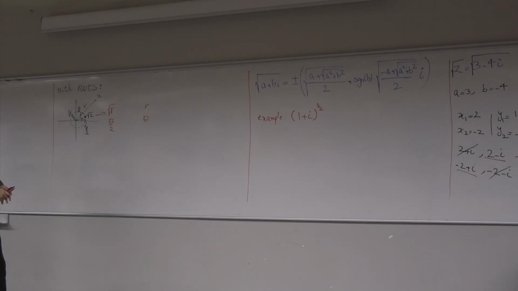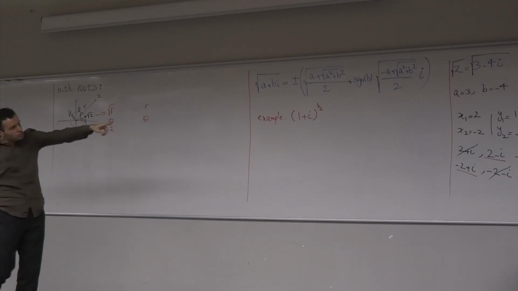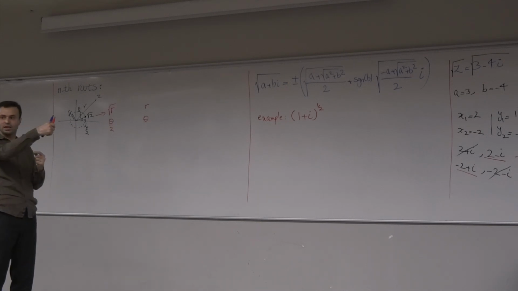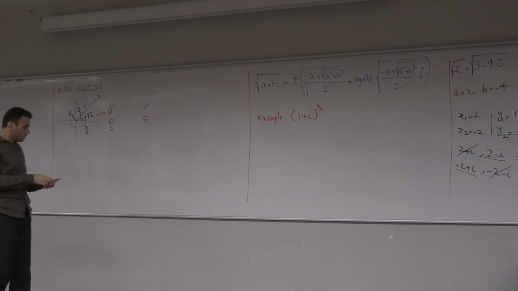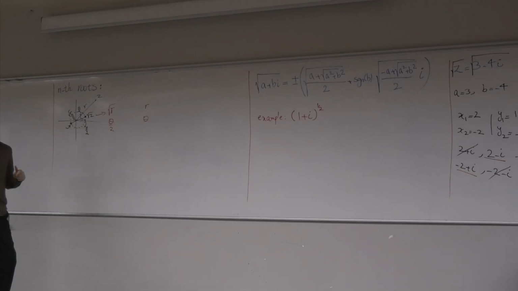Okay? What else? But this one is giving us only one root, right? What about the second one? We have also seen that we have this plus minus of this number, right? So we are also rotating everything, or reflecting it with respect to the origin. So question: can this number which is here also be another value for the square root of z?